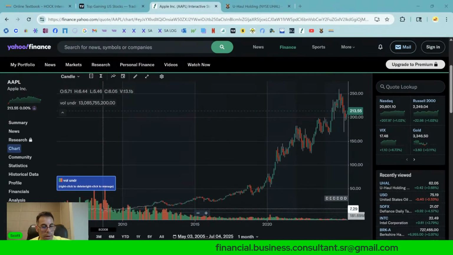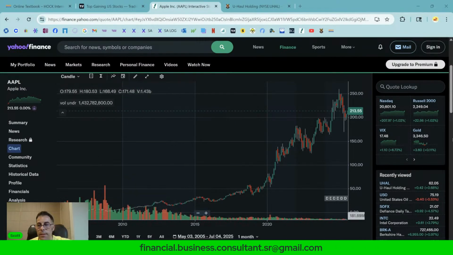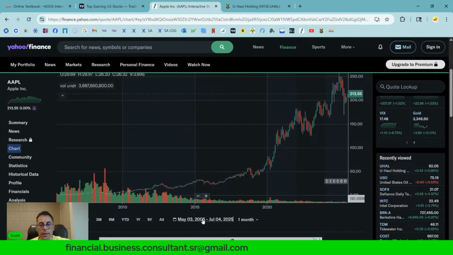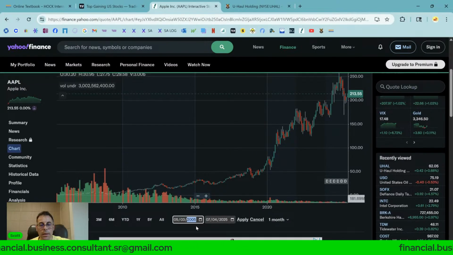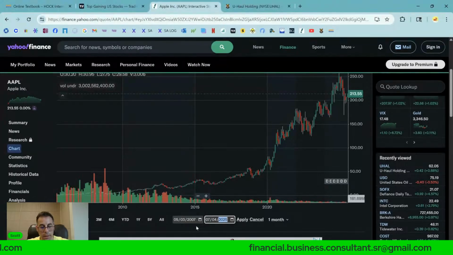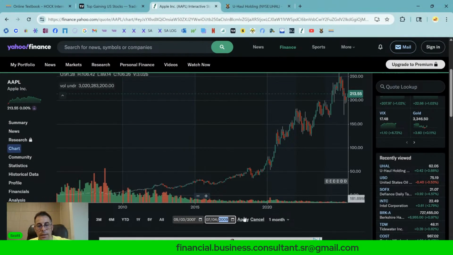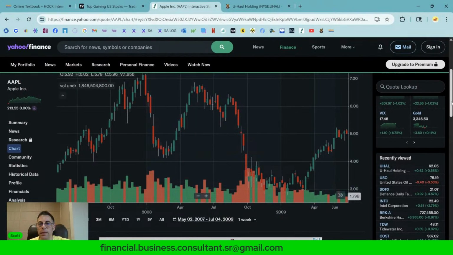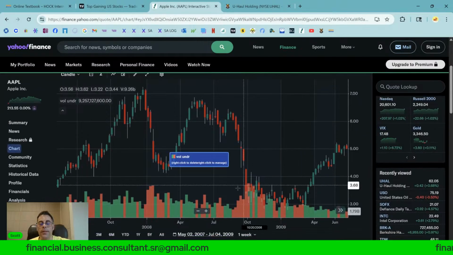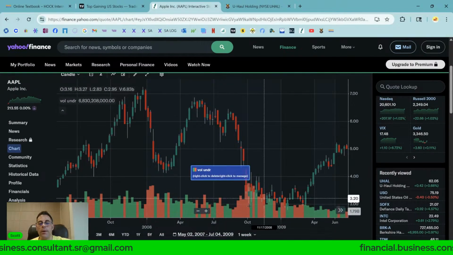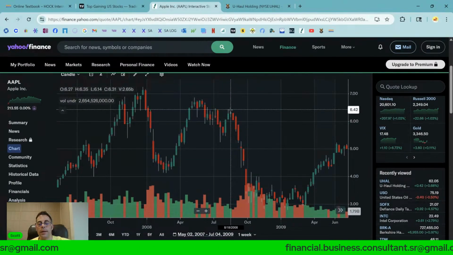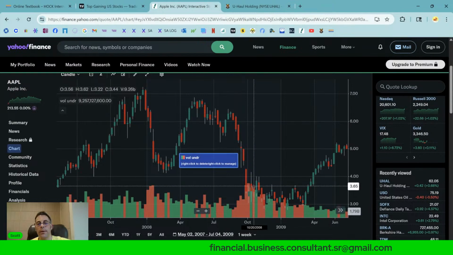You can't even see it on this chart. Well, let's see if we can look at it. 2007, 2009. So this is a lot of red. So it pushed the stock way down.